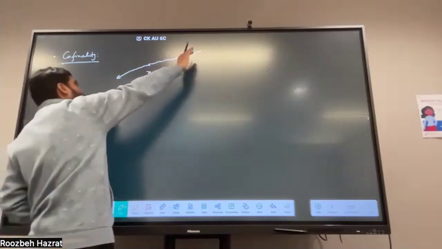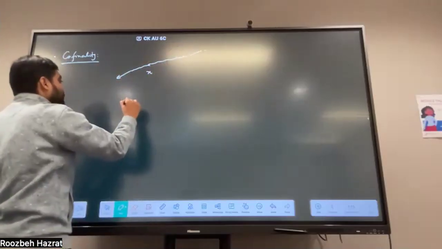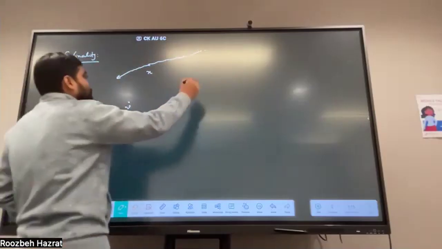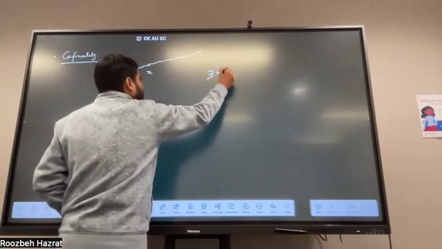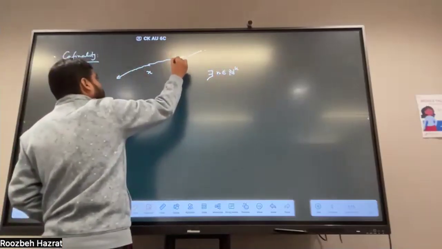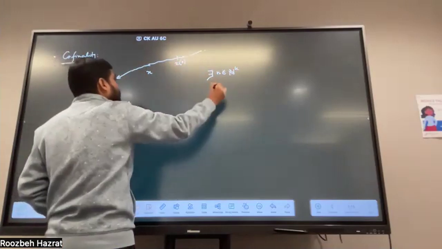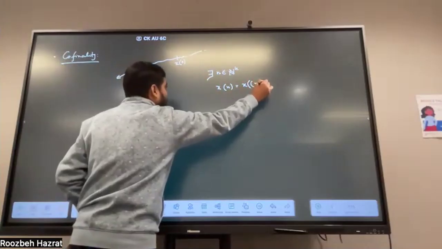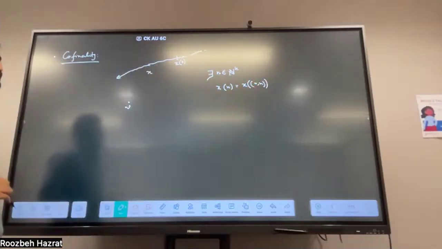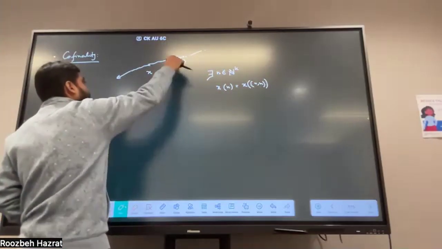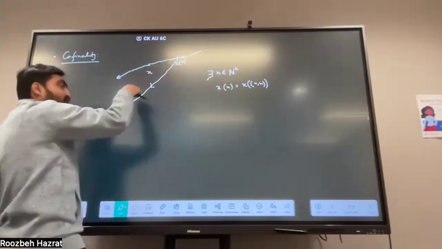If you have an infinite path x and any vertex v, cofinality means that there should exist some n in N^k such that if you look at the vertex x(n, n), which is the image of this particular morphism, there will exist a path starting at this vertex x(n) and ending at v.